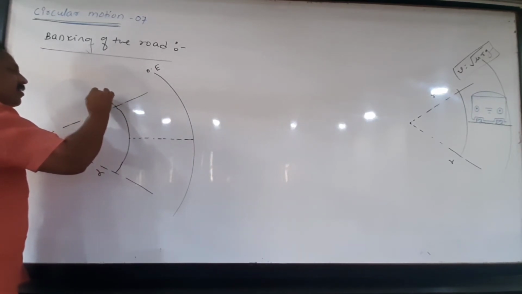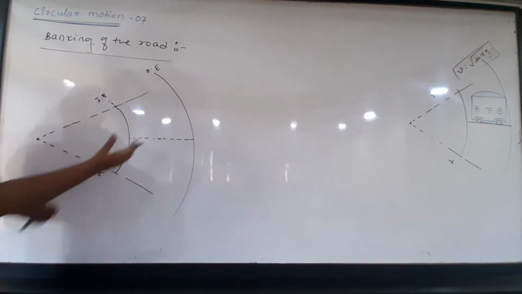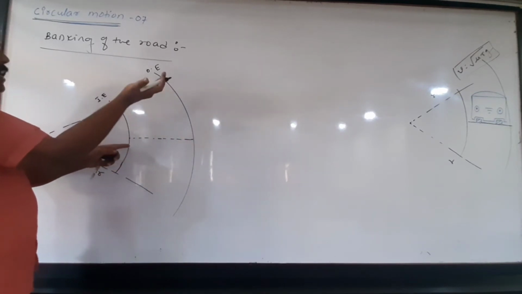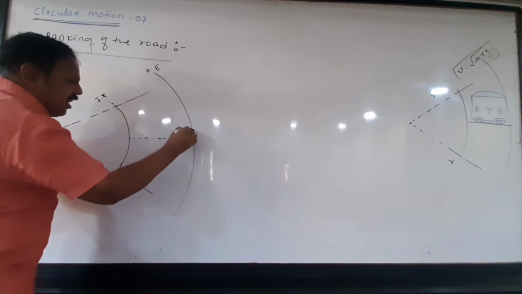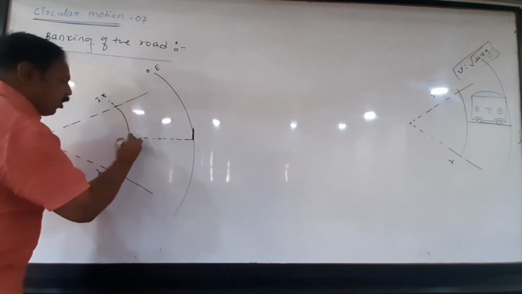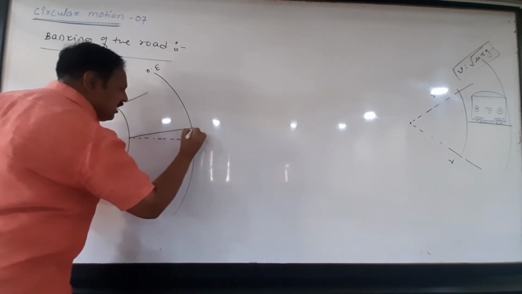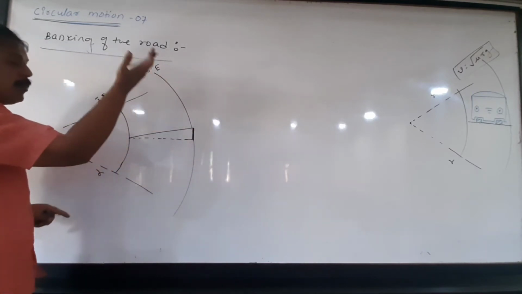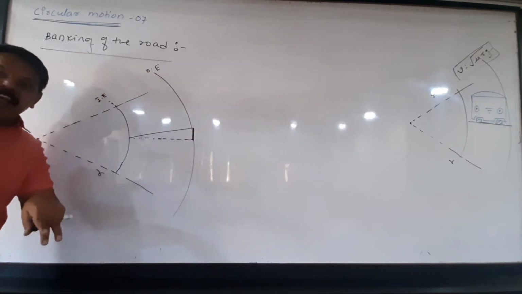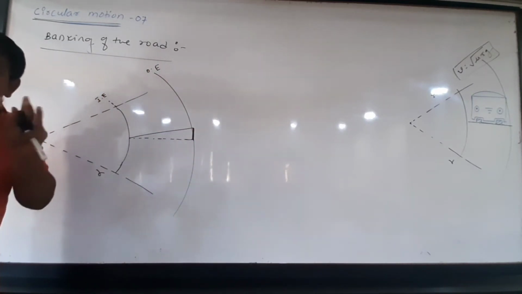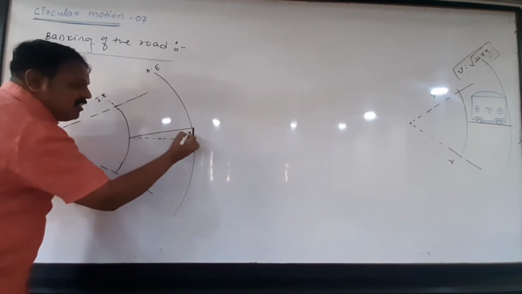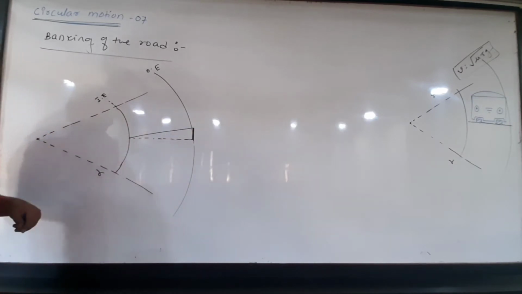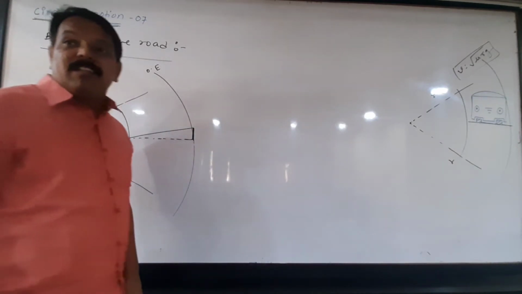While constructing the road, the outer edge of the road is kept at a higher level than the inner edge. At the curve, you might have observed this on the national highways. The outer edge of the road is kept at a higher level than the inner edge at the turn, and that construction of road is called banking of road.